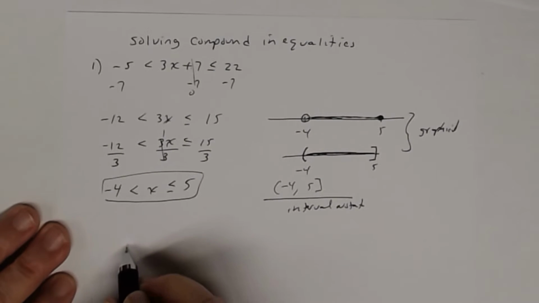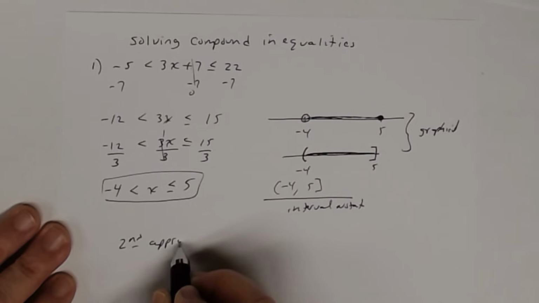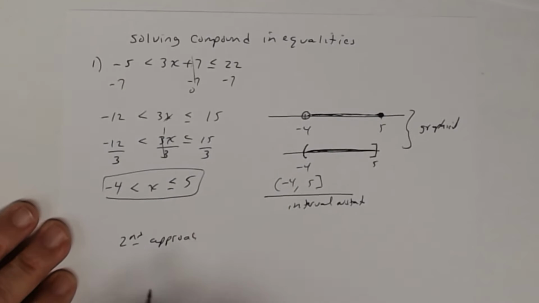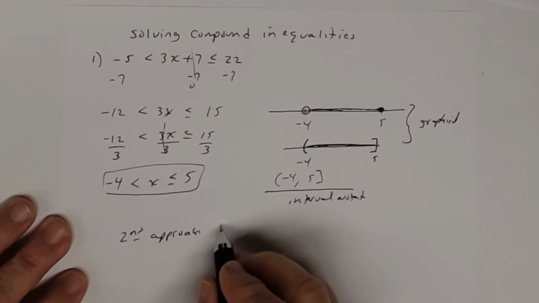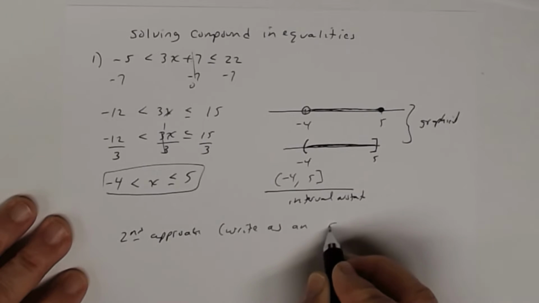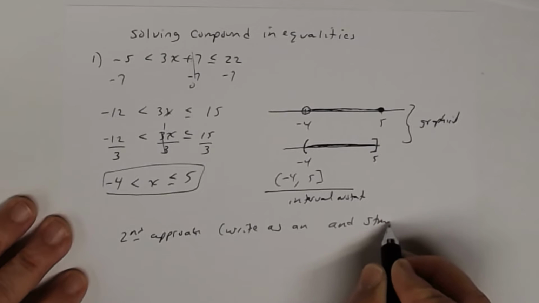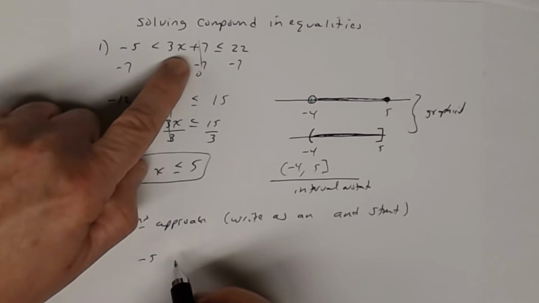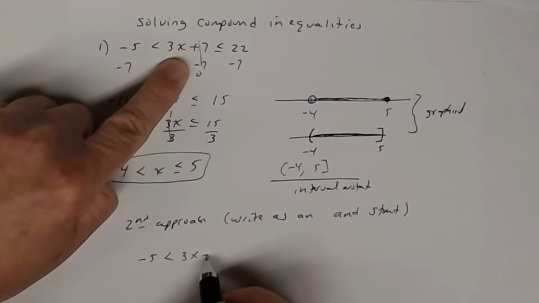Now here's a second approach if you wanted to use it, but most students, when they see the statement written like this, they'll solve it this way. But the second approach is to change it to an AND statement. So write it as an AND statement. And so basically you're going to say -5 is less than 3x plus 7.